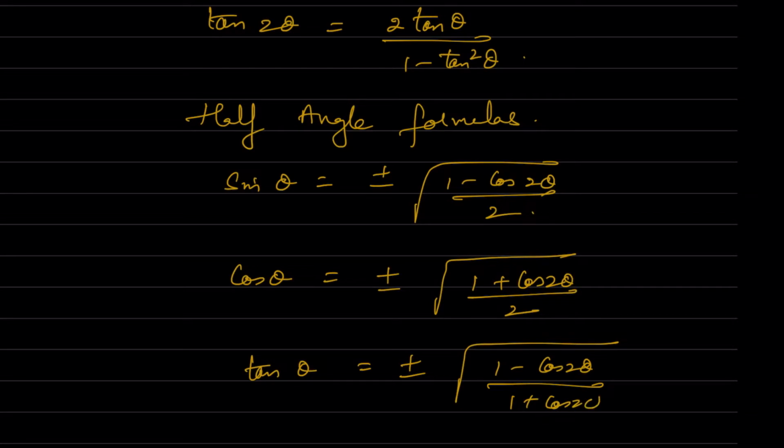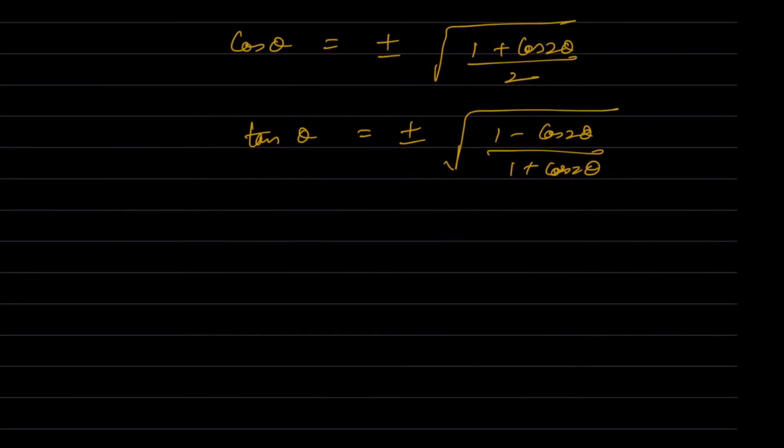Then we have tan theta. Tan theta is equal to plus or minus root of 1 minus cos 2 theta by 1 plus cos 2 theta.